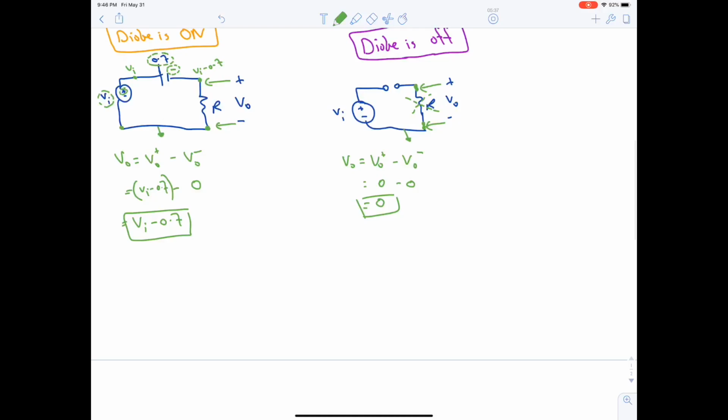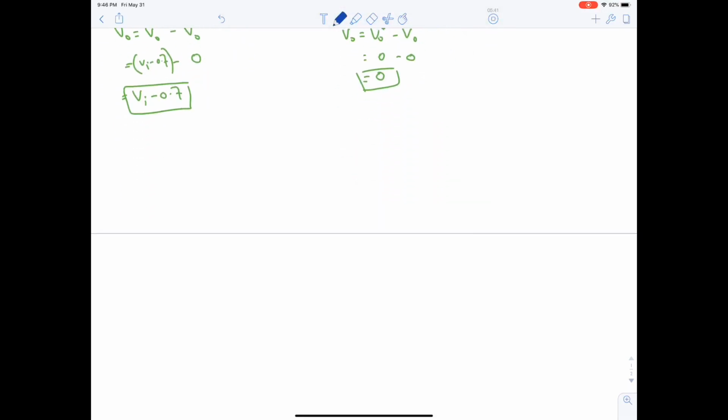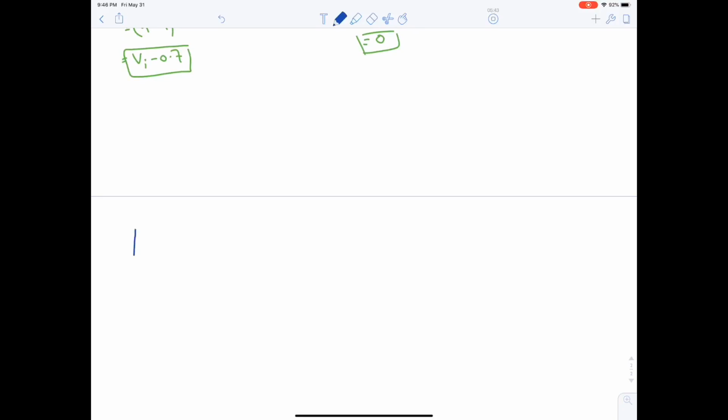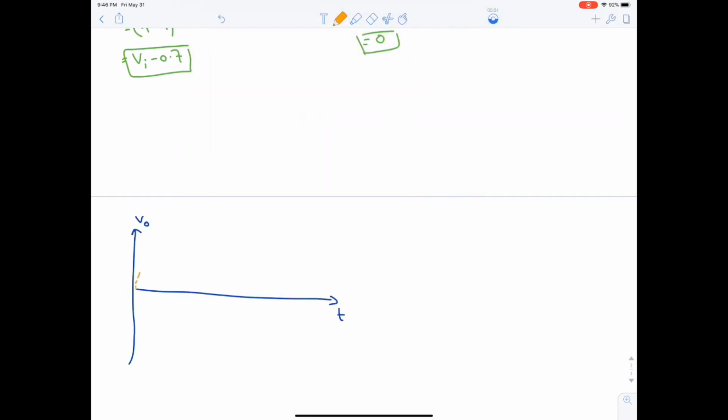Okay, let's draw now the waveform. Time, V output. I recommend that the first thing that you do in sketching is plotting the V input, or the reference, as a dotted line, with peak values Vi and minus Vi.